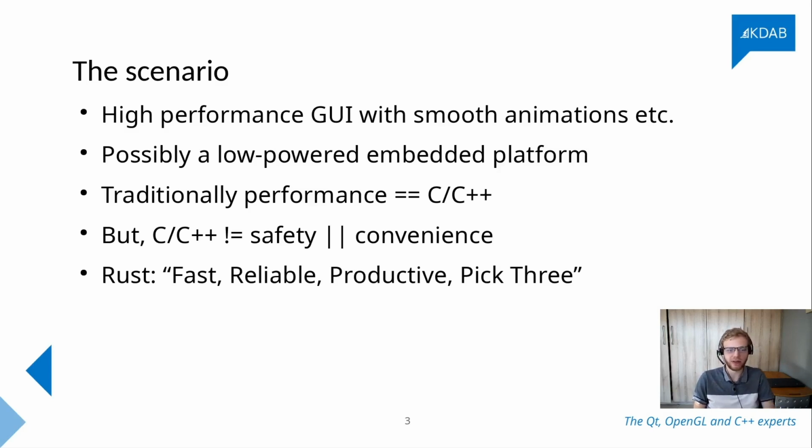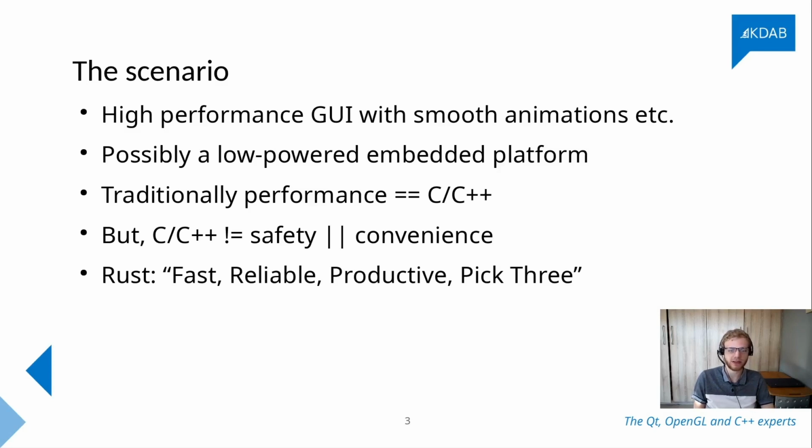Although some people think that Rust even gives you faster code. Sometimes your idiomatic Rust can be faster than your idiomatic C++. I haven't really used it enough to say this is true, but it apparently does happen.